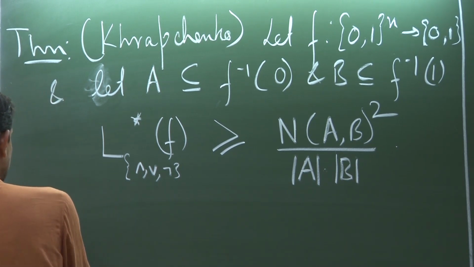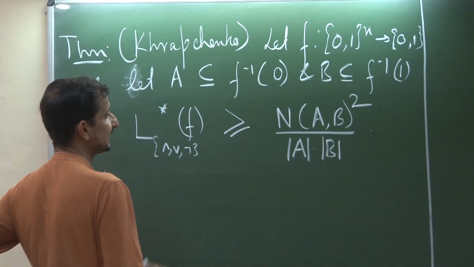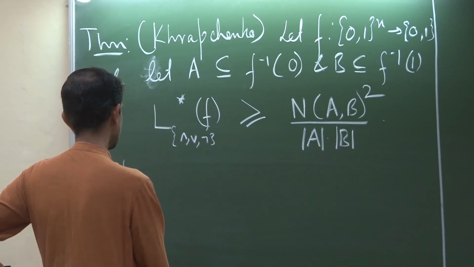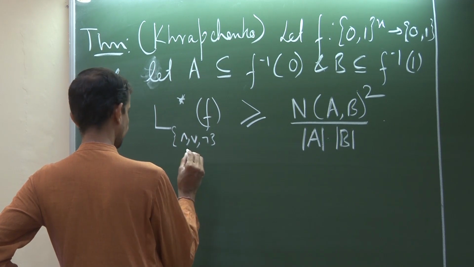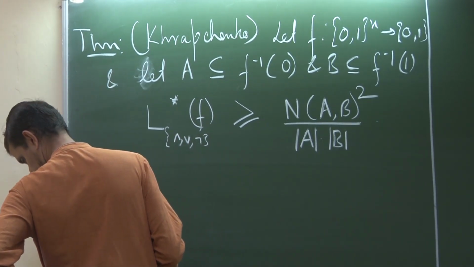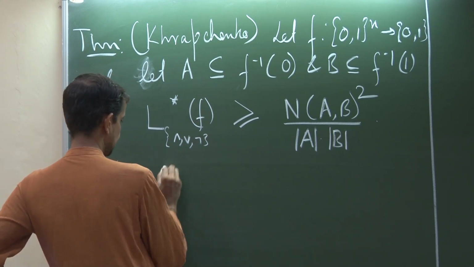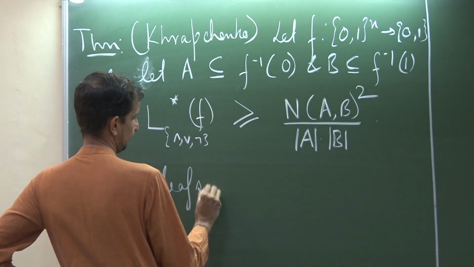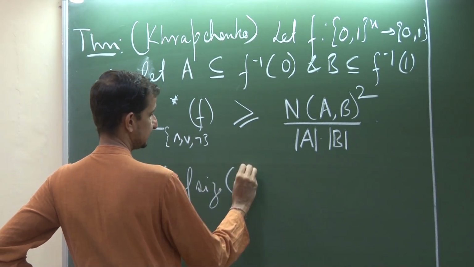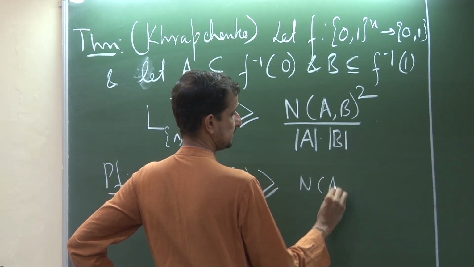So, how do we prove this? As I said last time, we will prove a statement about the leaf size. We will show that the leaf size of f is at most this quantity.